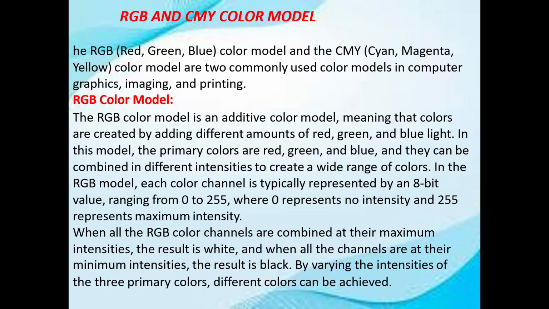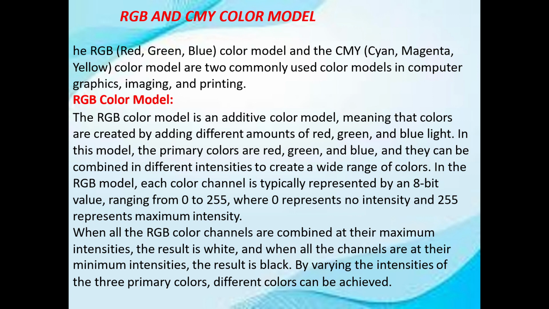And next, moving on with the RGB and CMY color models. The RGB, red, green, blue color model, and the CMY, cyan, magenta, yellow color model are two commonly used color models in computer graphics, imaging, and printing. RGB color model.